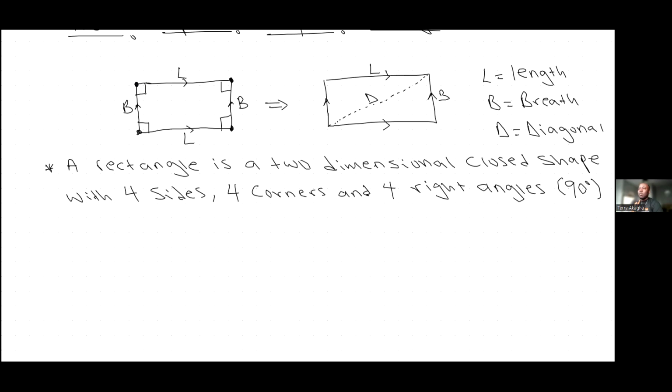So the opposite sides of a rectangle are equal and parallel.